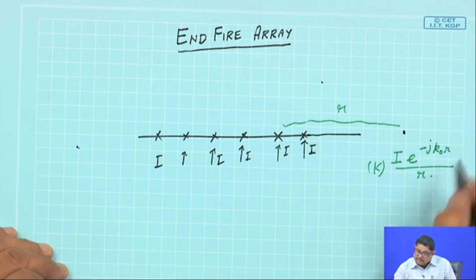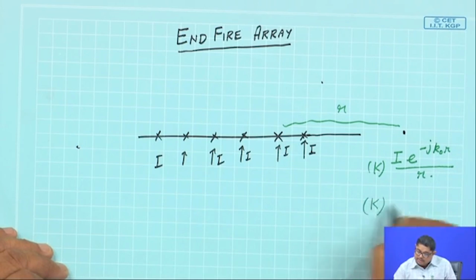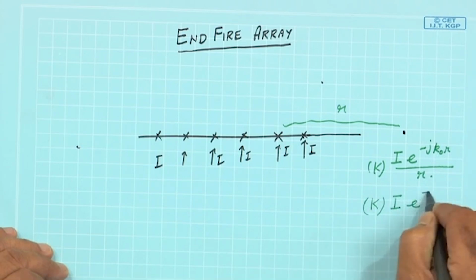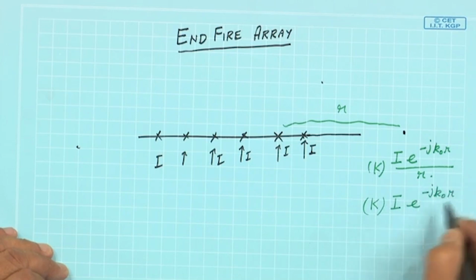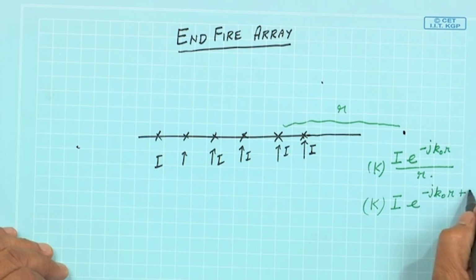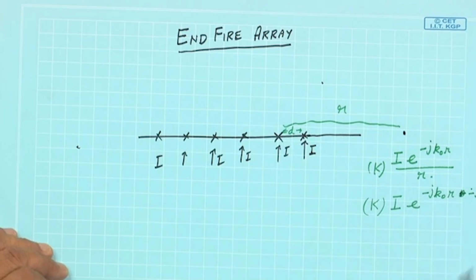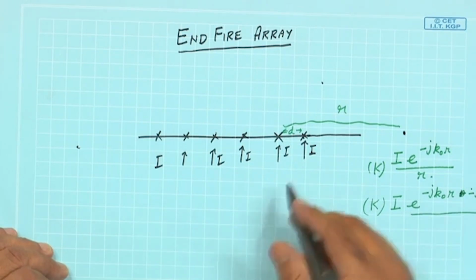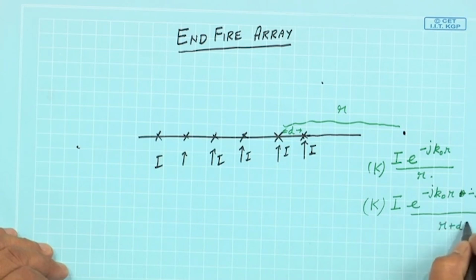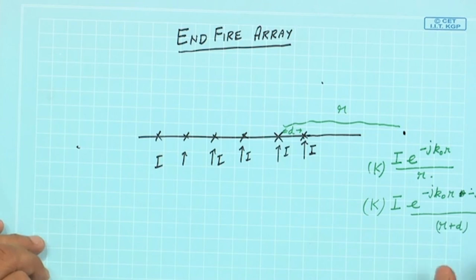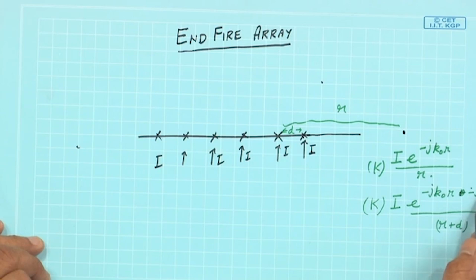Next one will be the same, I e to the power minus j k naught r plus another distance, if this distance is d, minus j k naught d, by r plus d etcetera. Similarly, for the other ones there will be minus j 2 k naught d, minus j 3 k naught d etcetera.